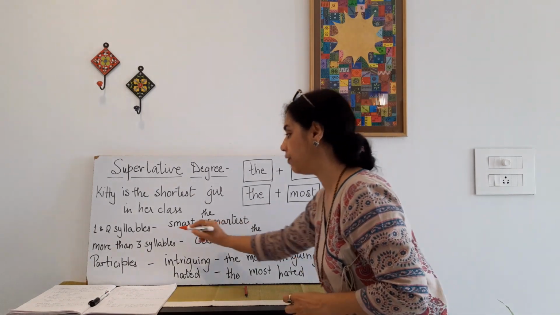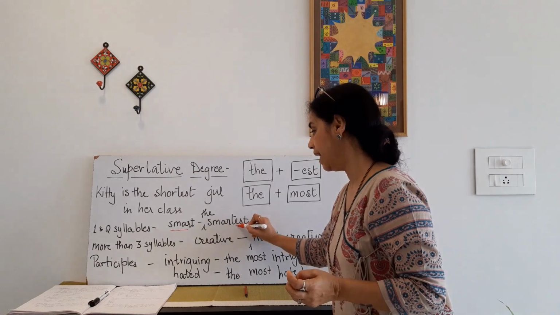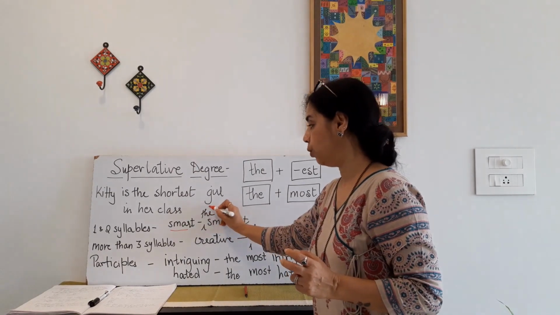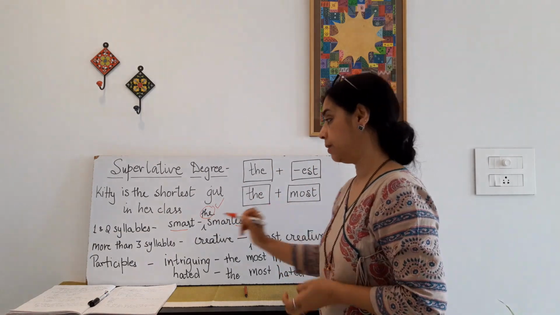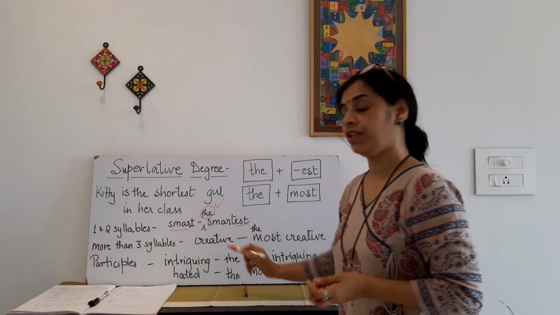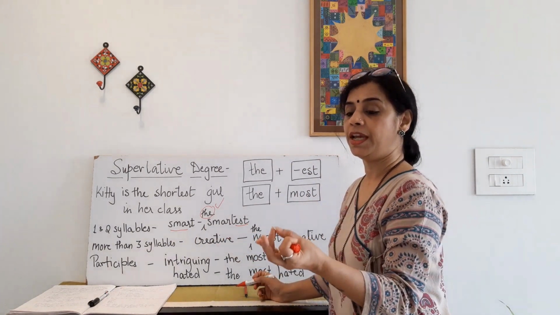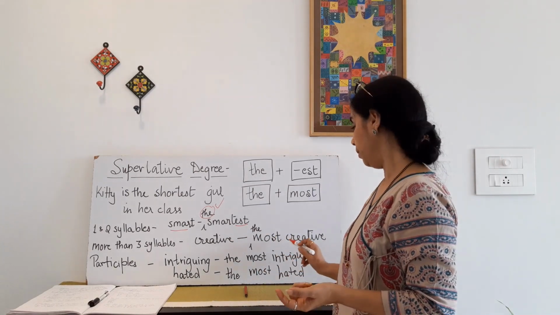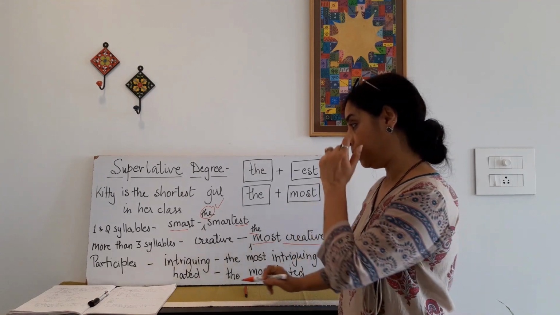So to the base form, smart, the adjective, you add EST, and preceding the adjective is the word the: the smartest. If there are 3 or more syllables, like creative, the most creative.